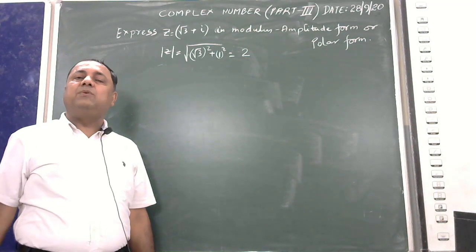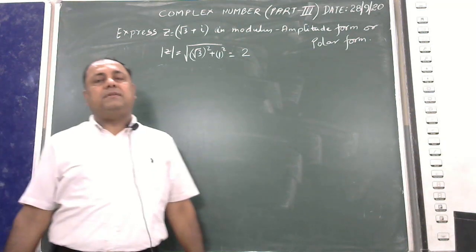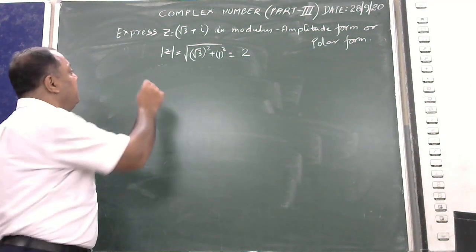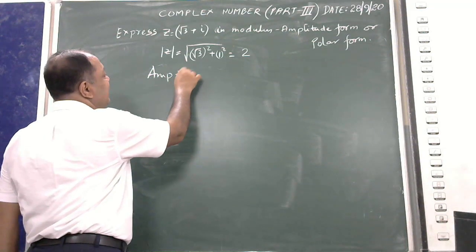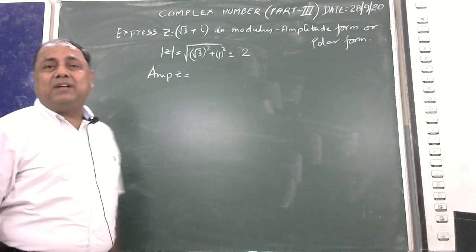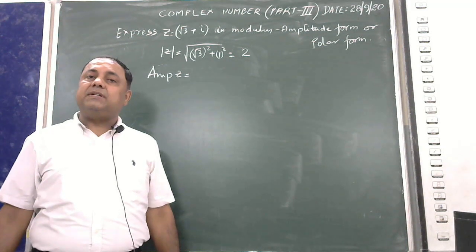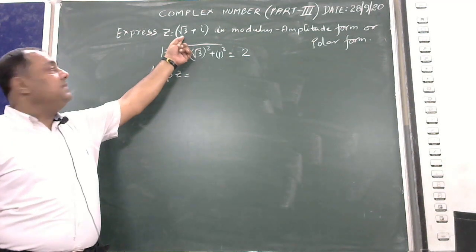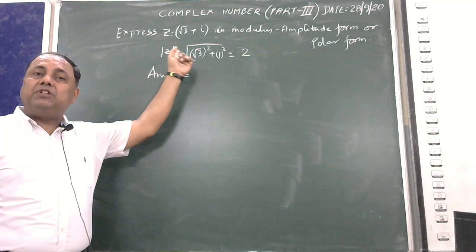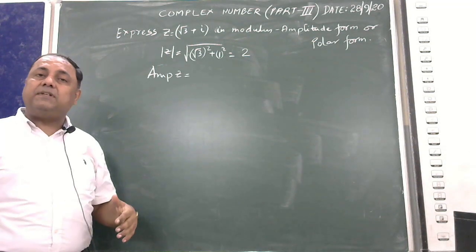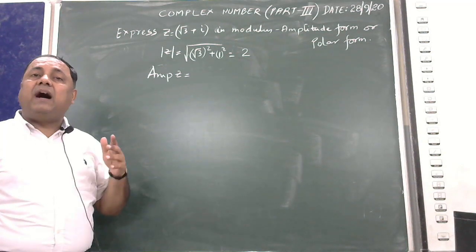Next, I will determine the amplitude of this complex number, amplitude z. This particular number is in the first quadrant. X is positive, y is positive, root 3 plus i is a complex number in the first quadrant of the Argand plane.